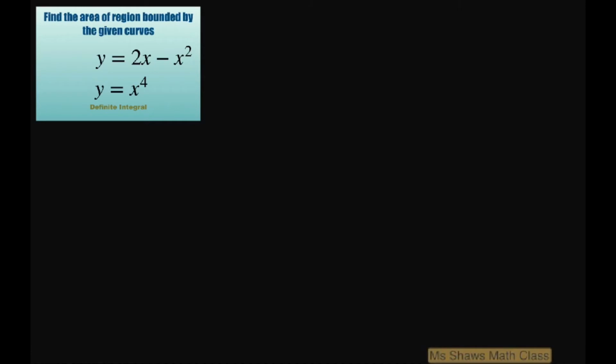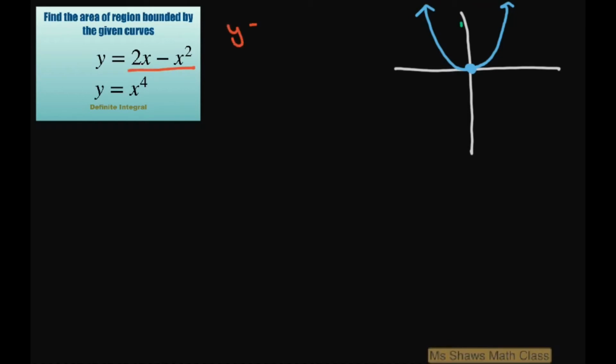So now let's look at the graph. We can sketch this graph very easily. Basically this is x to the power of 4, that quartic function. I'm going to make it bigger than it has to be, just doing a little sketch here. And then this one here, if you factor out an x, you're going to get 2 minus x.